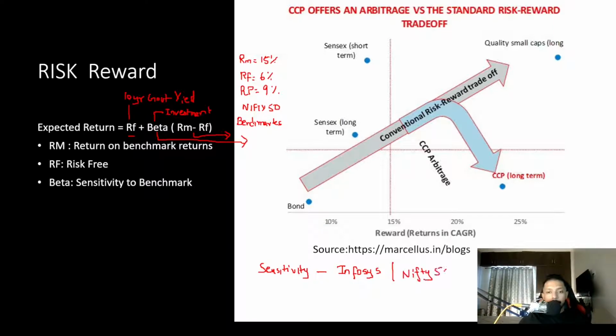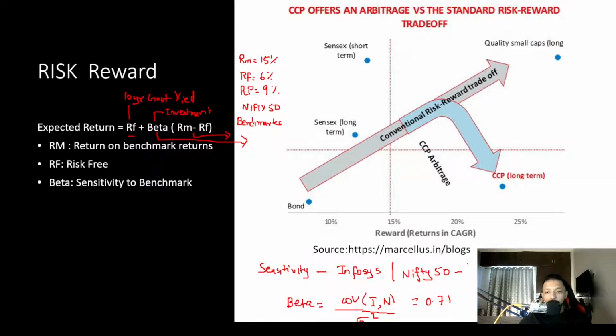Basis this, I calculate beta using a formula which is nothing but the covariance of Infosys and Nifty, divided by the variance of the market. The standard deviation of the market squared is nothing but variance. So this gives me some number like 0.71 or 1, and Nifty 50 has a neutral beta.